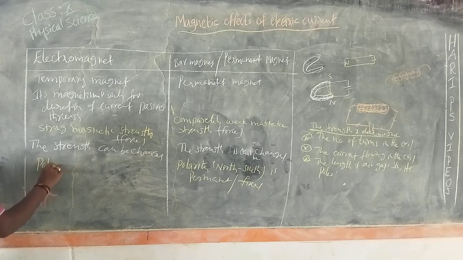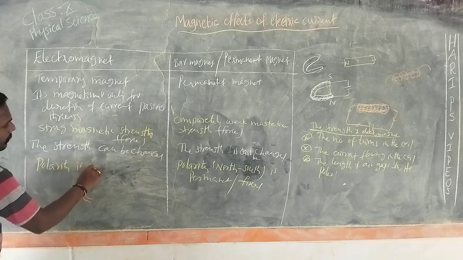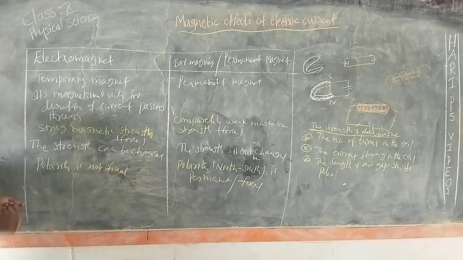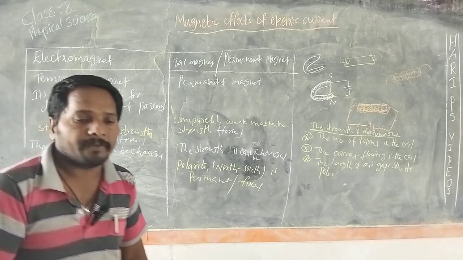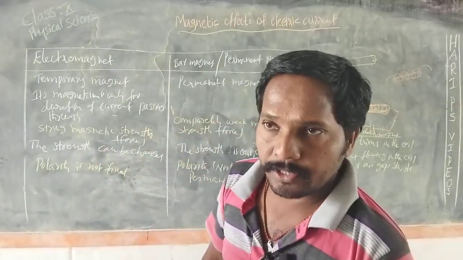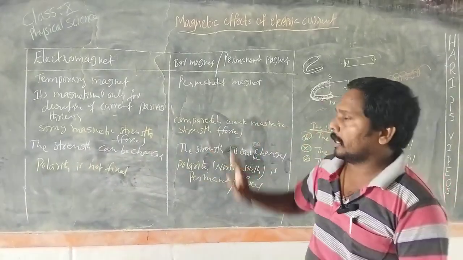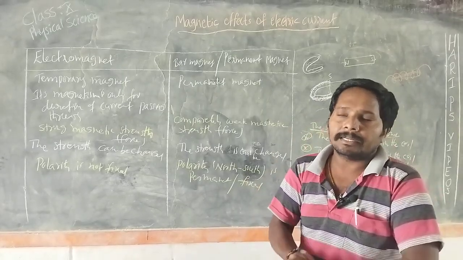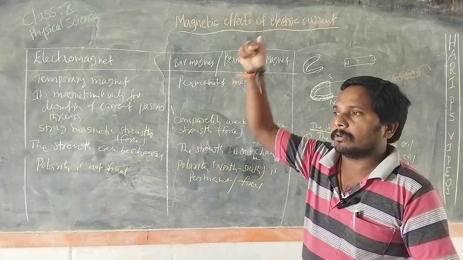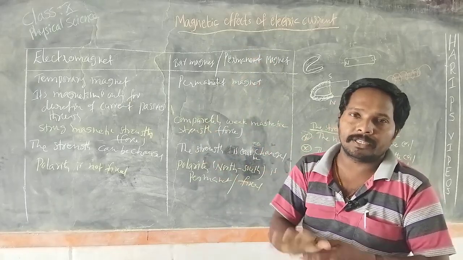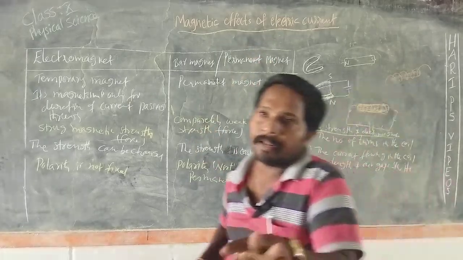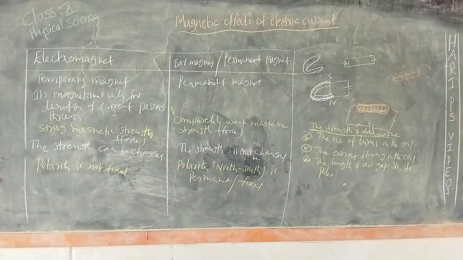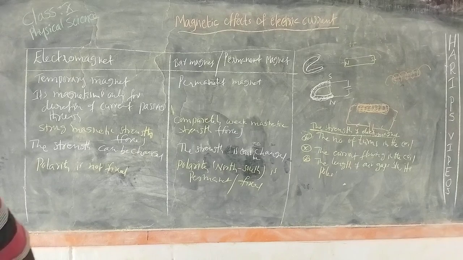Here polarity is not fixed, so we can change the polarity in the case of an electromagnet. We can change the polarity of an electromagnet by changing the direction of current, upward or downward. By changing the direction of electric current, we can change the polarity of the electromagnet.